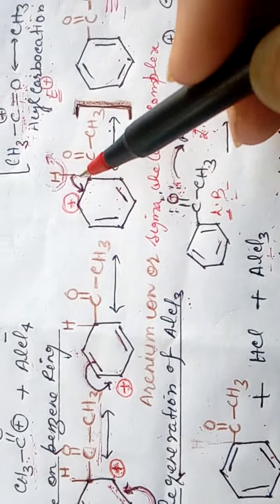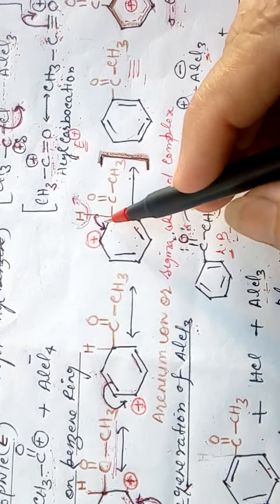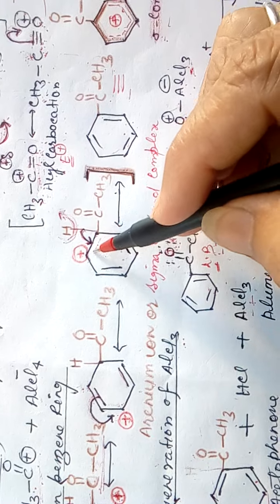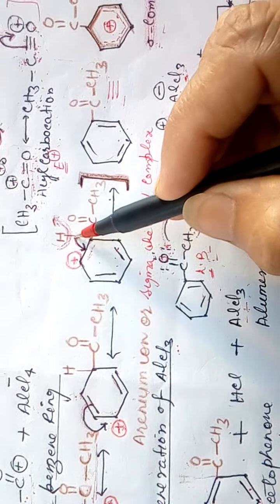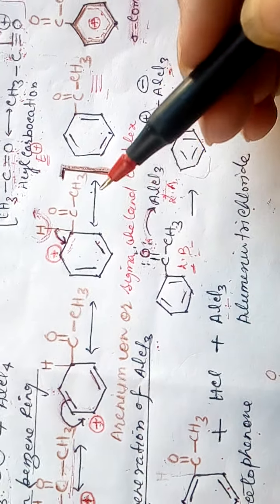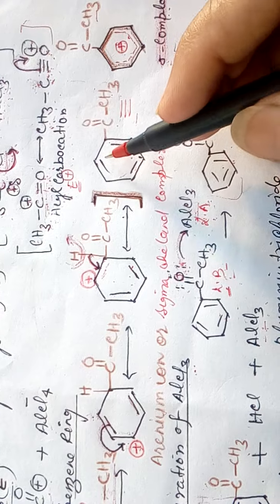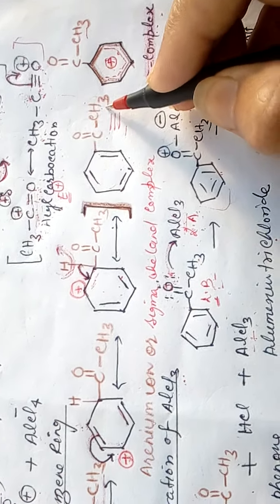Now the next structure we see double bond here, and to neutralize this positive charge and form double bond here, this proton is released from here and double bond forms here and we get acetophenone. Now look, we see double bond formed here and we get acetophenone.